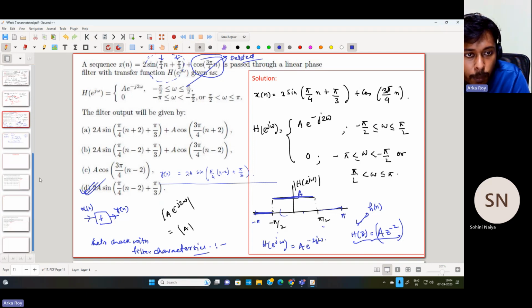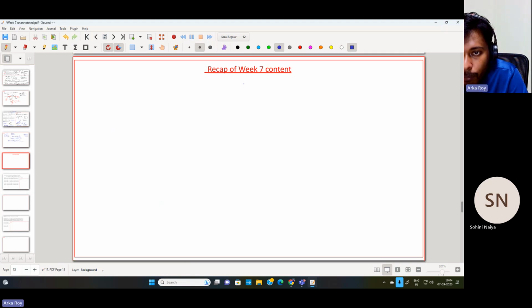So with this, we have covered the week 6 quiz part, and now we'll be heading to the recap part of week 7 content. In week 7, we'll be seeing how to design an IIR filter, and I have already told that while designing a digital IIR filter, we cannot design it directly. For that, we have to revisit some concepts of analog filter design.